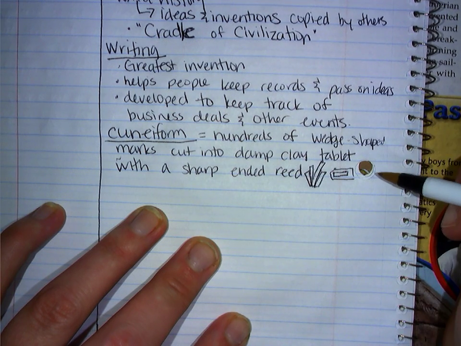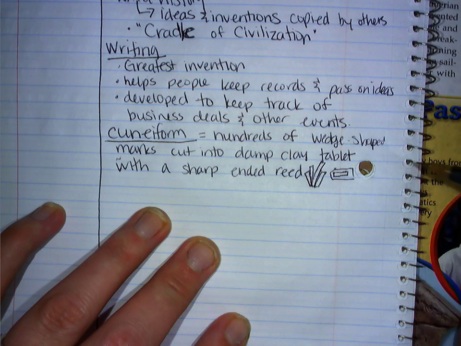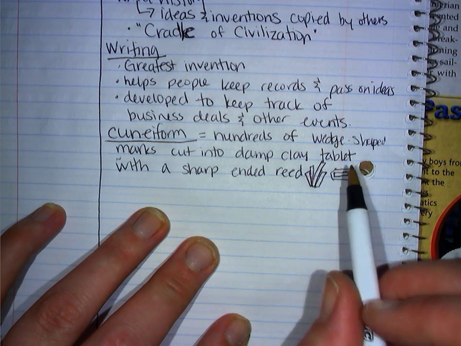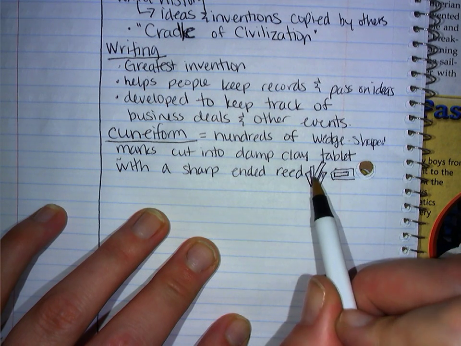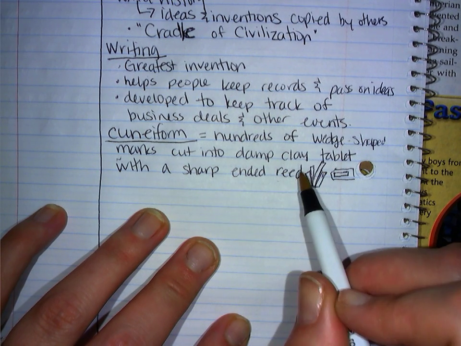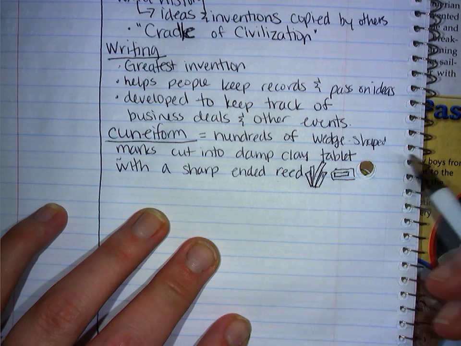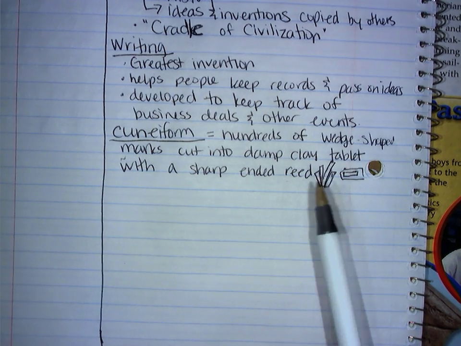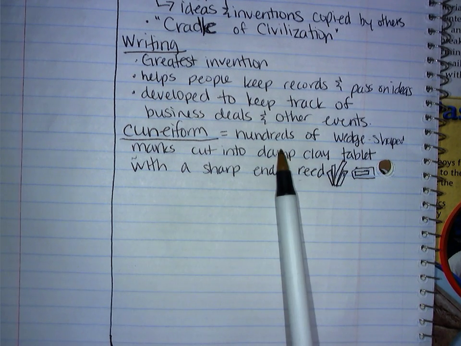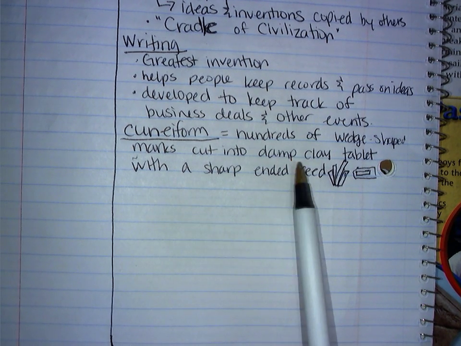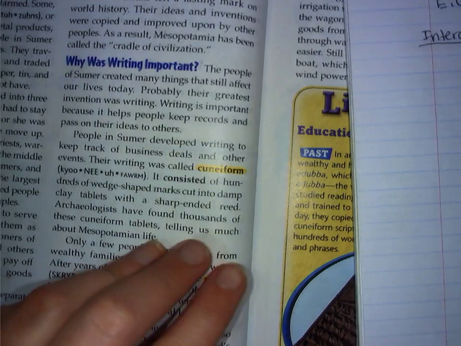And I think saxophones also have a reed. So bamboo or a reed like in a clarinet is just a really thin piece of wood, almost like a twig, but a little bit smoother than a twig off a normal tree. So hundreds of wedge-shaped marks cut into a damp clay tablet with a sharp-ended reed.